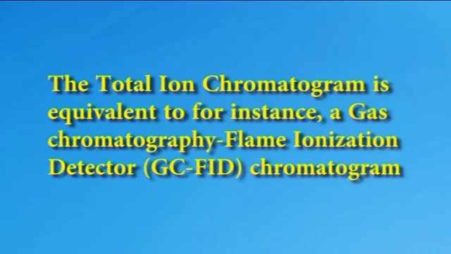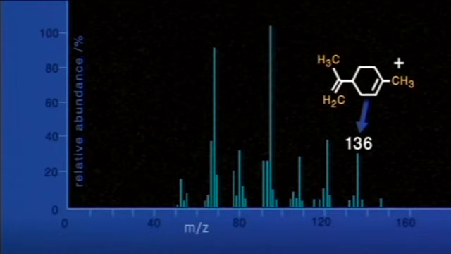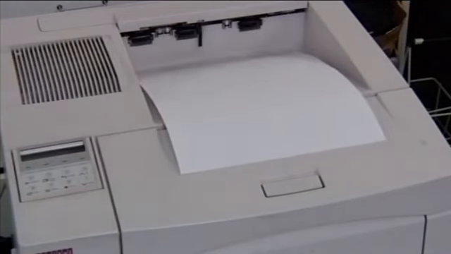The total ion chromatogram is equivalent to, for instance, a gas chromatography flame ionization detector, GC-FID, chromatogram. The data making up the total ion chromatogram is recorded electronically and specific predetermined mass intervals information can be extracted and printed. These latter are called mass chromatograms.